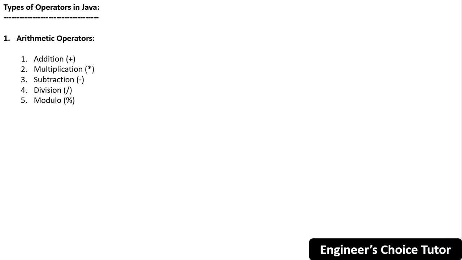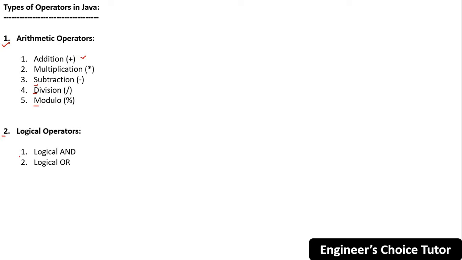For example, the first one is arithmetic operators. We will see this in separate lectures. In arithmetic operators, we will cover these five operators: the addition operator, multiplication operator, subtraction operator, division, and modulo operator. I will take one lecture for arithmetic operators and cover everything. The next is logical operators.